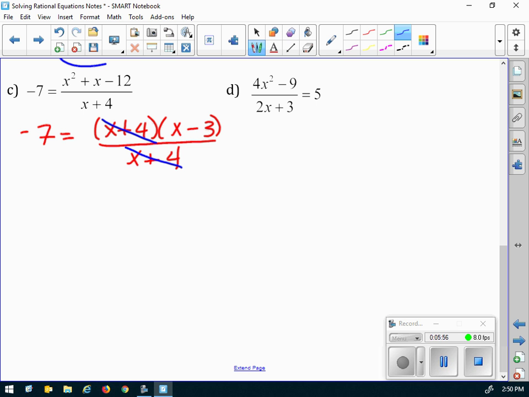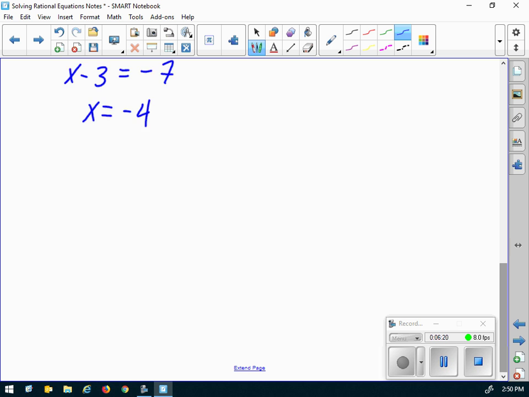So what am I left with? I'm left with x minus 3 equals negative 7. So x equals negative 4. But it's a no-no. Why is that a no-no? Because x can't equal negative 4. Because, good, if x equals negative 4, that denominator is 0. So you're going to, once again, write no solution.